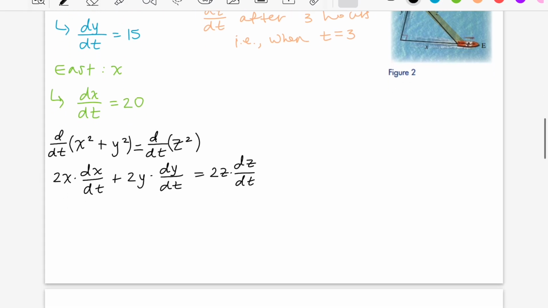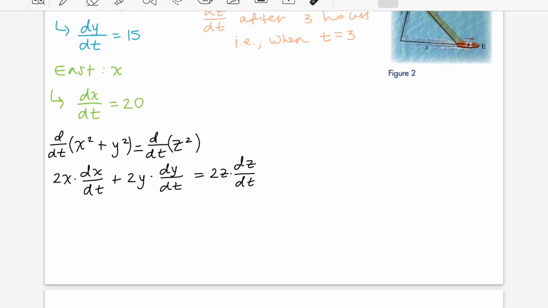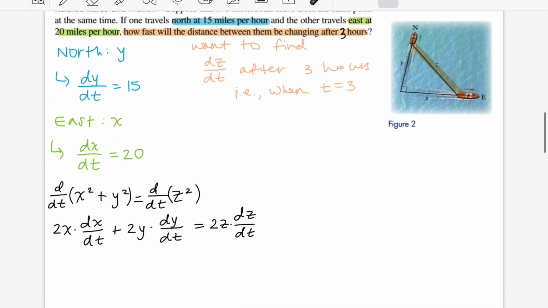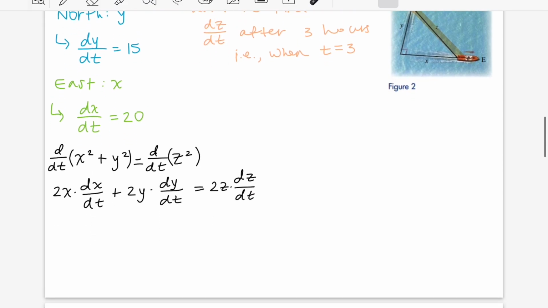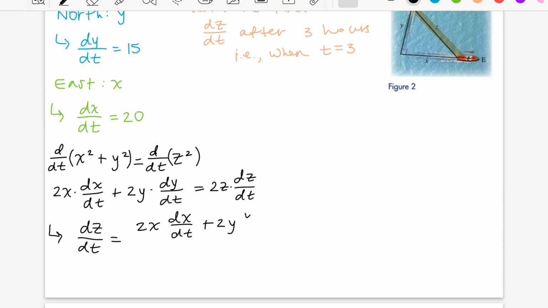All right. And then solving for dz/dt, remember, this is what we want to find. We can just divide by 2z here. So this means dz/dt is going to be equal to this, all over 2z.